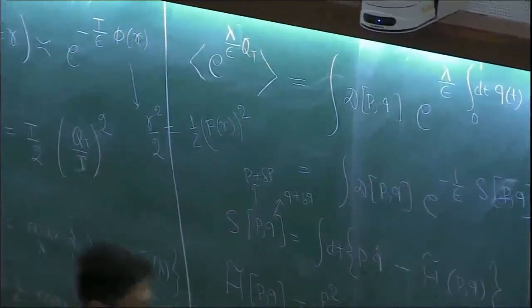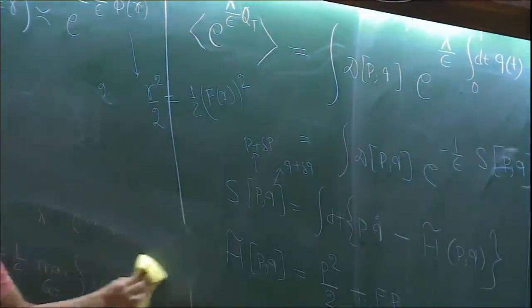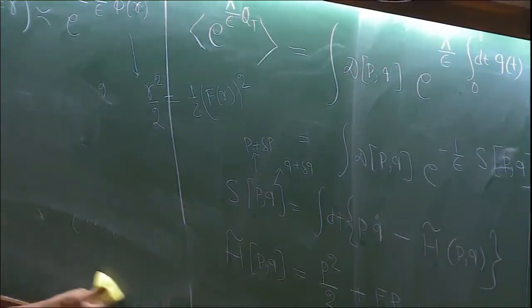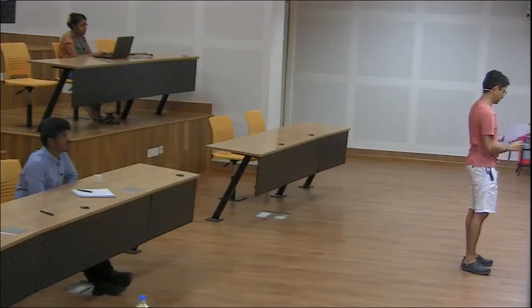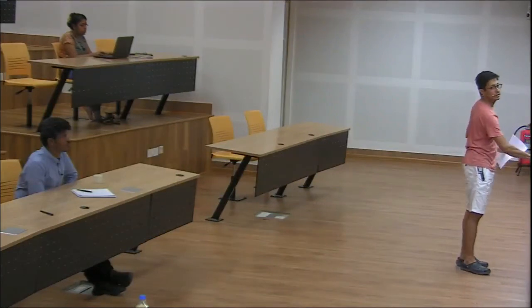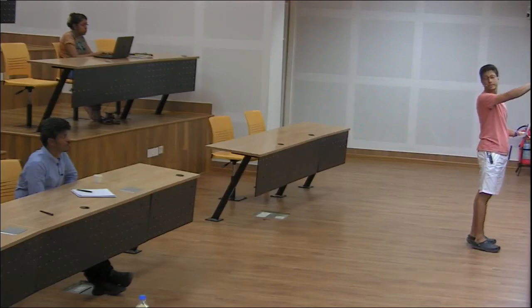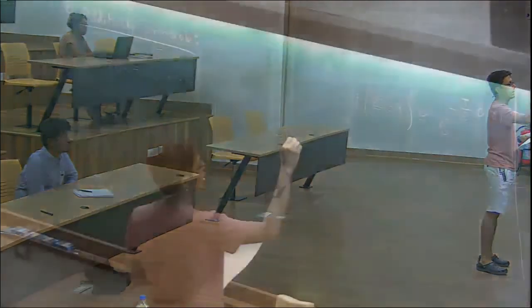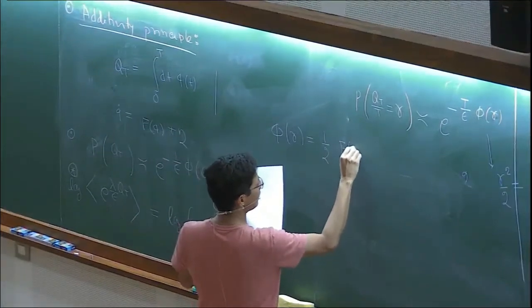Let me just write it cleanly. The claim is, under certain conditions on the function f, the potential, if I'm looking at the quantity of this integrated value at large T, it has the following large deviation form, where phi of r is simply half f of r whole square.